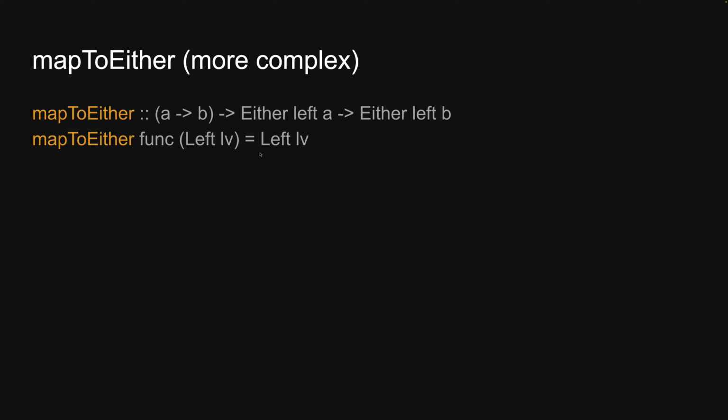We just know that we would return it if we got that left value out of either. Whereas if that left thing was nothing, then and we had a right value, then we would get the right value and we would apply that right, or we would return the right function, a right construction of whatever that function was applied to the right value.